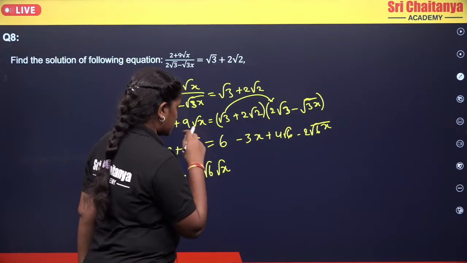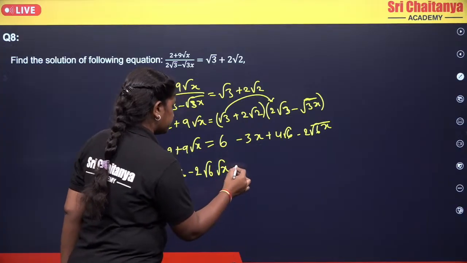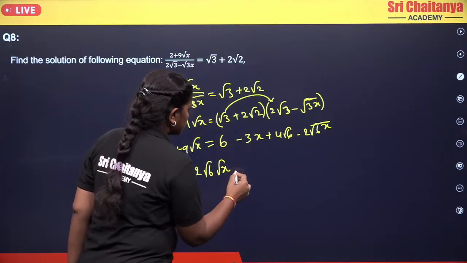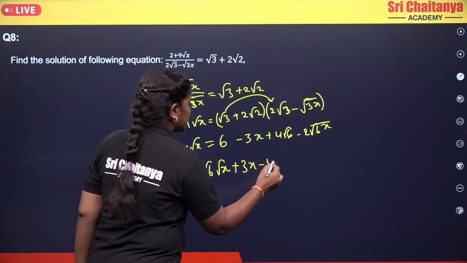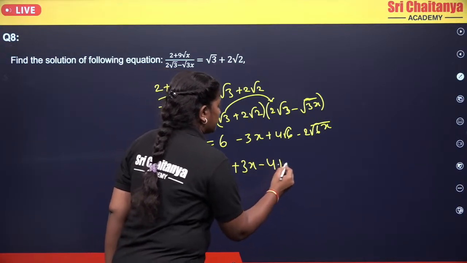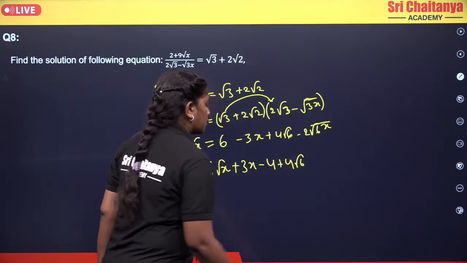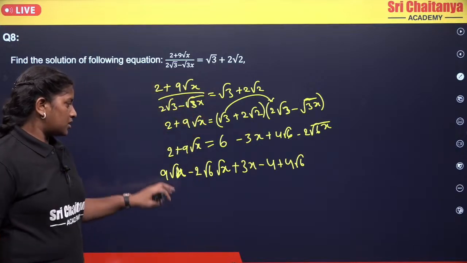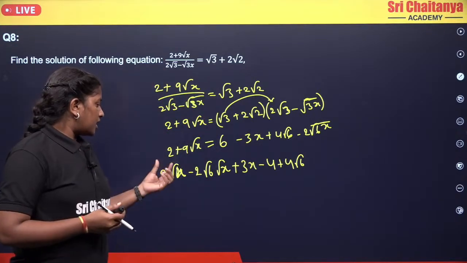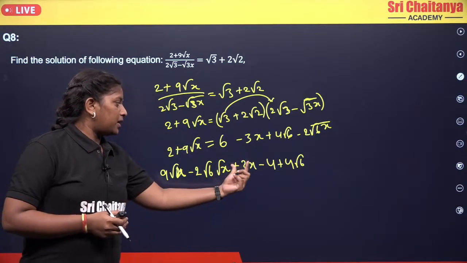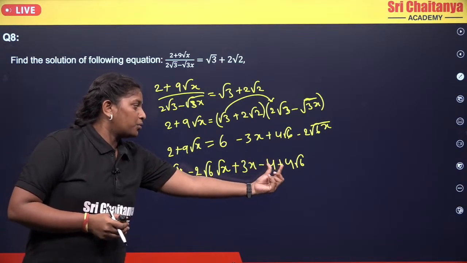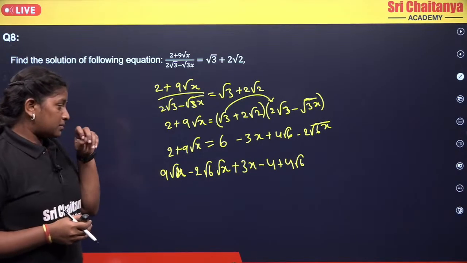Okay. So now coming to here, it's once again minus 3x crossing equals to plus 3x, and plus 2 and minus 6 minus 4 plus 4 root 6. Okay. So clear about this. So from this we got 9 root x minus 2 root 6 root x plus 3x minus 4 plus 4 root 6. Now simplify this.